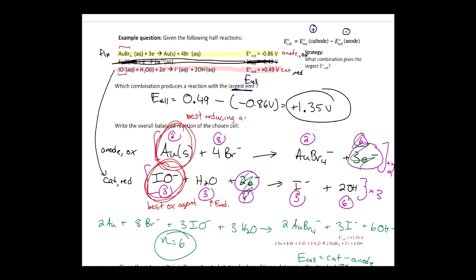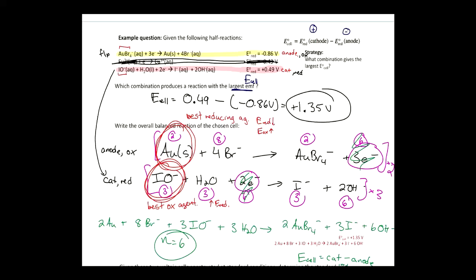It's because our reduction potential is the most negative, so it's the smallest reduction potential, but that also means that its oxidation potential is very high. Gold in the solid form has a very high oxidation potential.